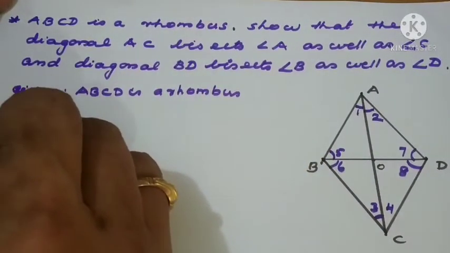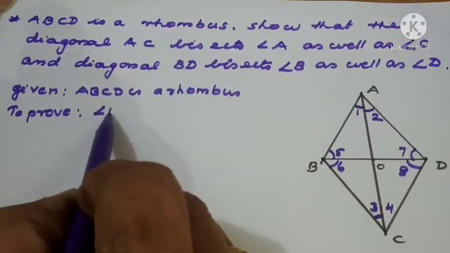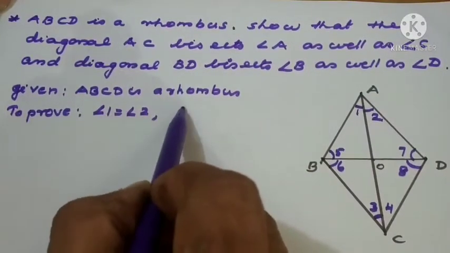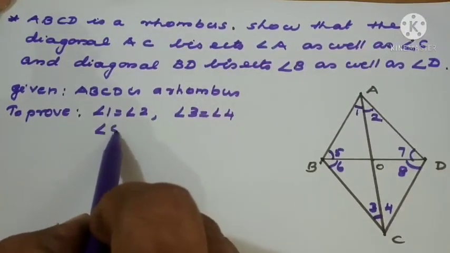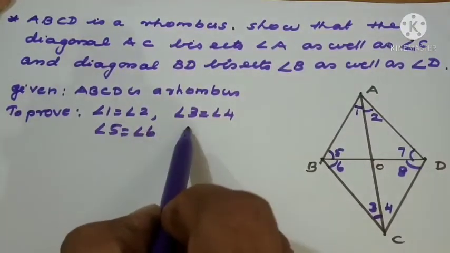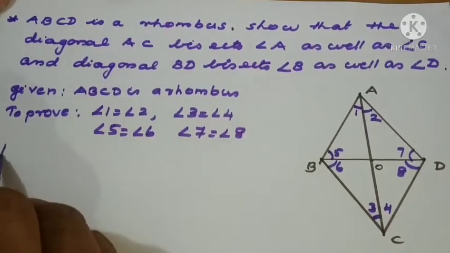To prove: angle 1 equal to angle 2, angle 3 equal to angle 4, angle 5 equal to angle 6, and angle 7 equal to angle 8. Proof now.